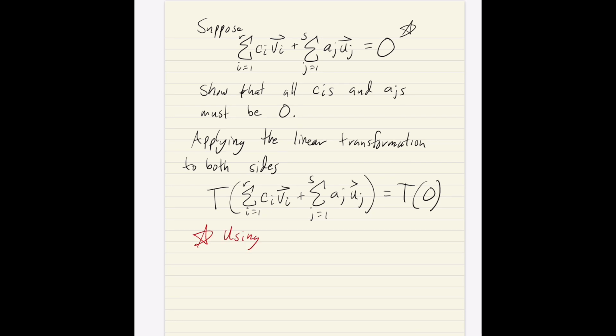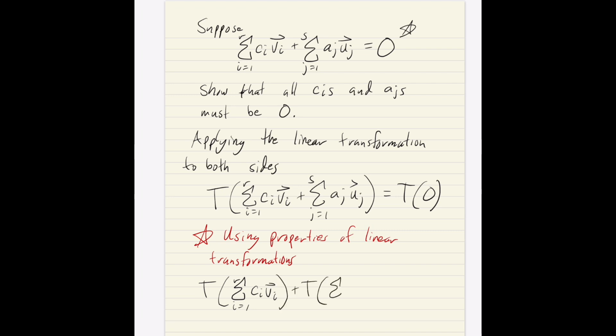Using properties of linear transformations, we can rewrite the left-hand side as T of the sum from i equals 1 to r of ci vi plus T of the sum from j equals 1 to s of aj uj.